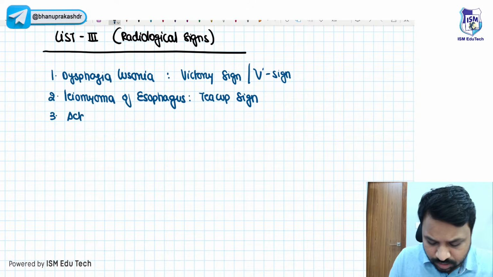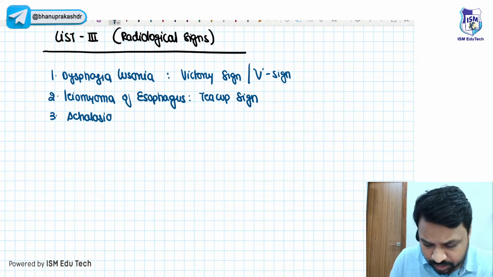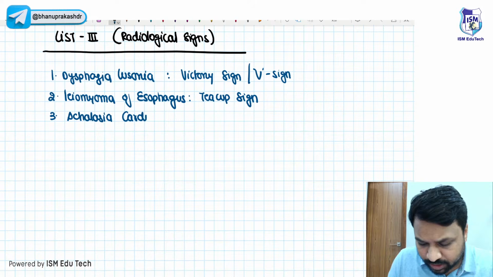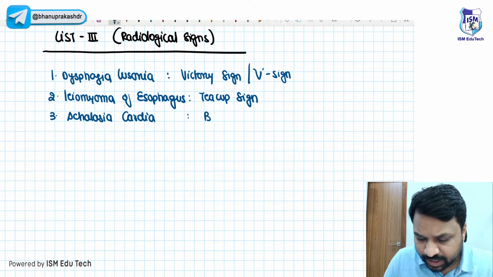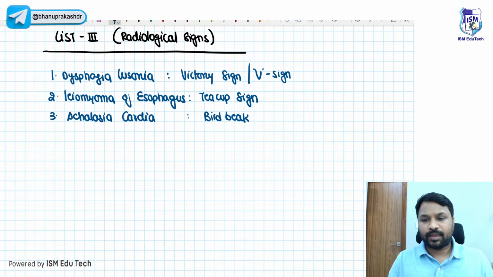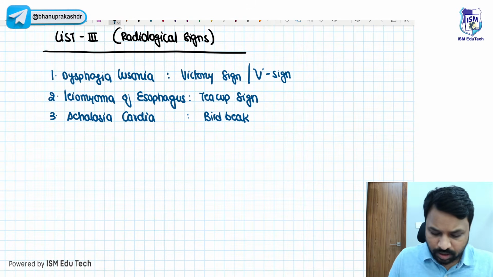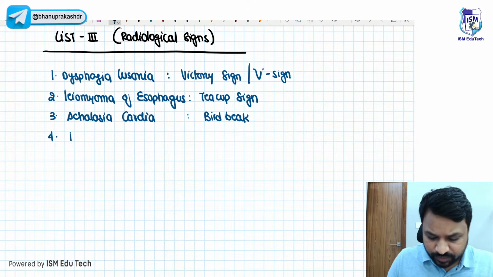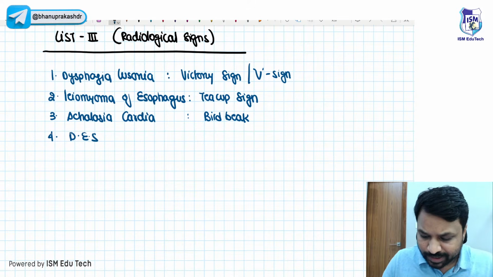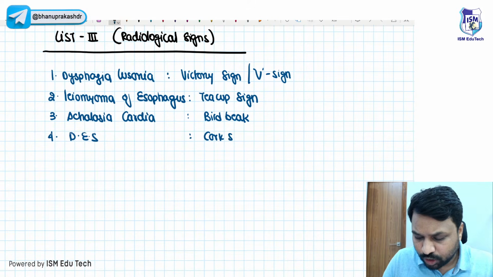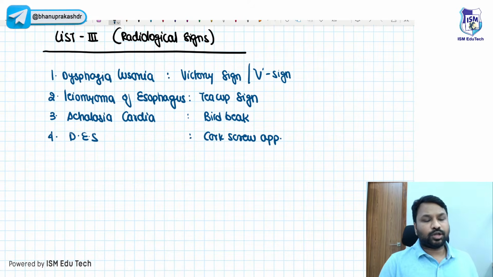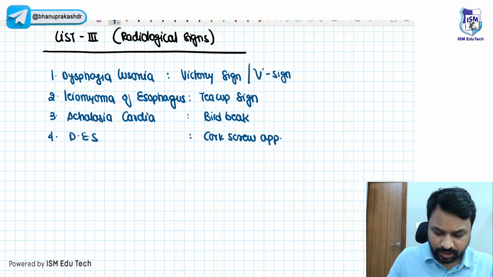In atresia cardia, we have already discussed all the signs, but the most characteristic would be the bird beak sign. Then you have diffuse esophageal spasm. We have the corkscrew appearance, right?